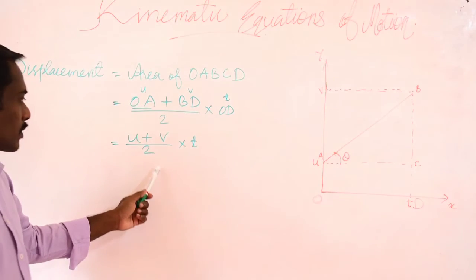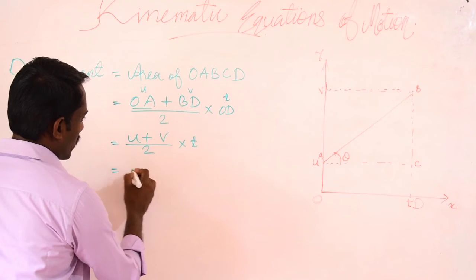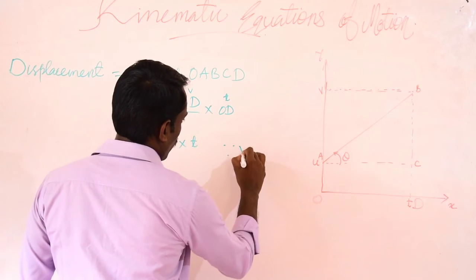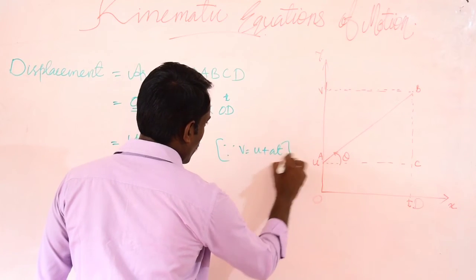And from the first equation of motion, we have V is equal to U plus AT. Since V is equal to U plus AT, we are going to substitute this value in this equation.